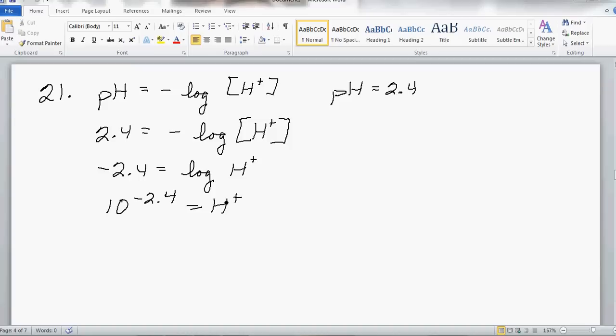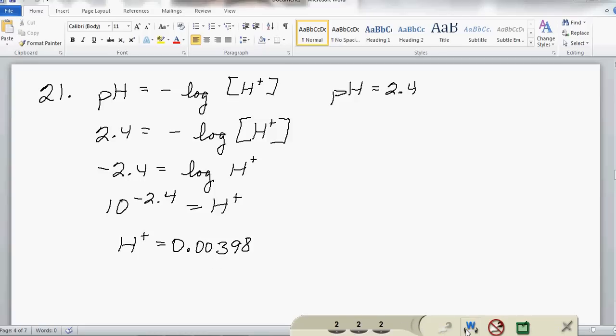And it does have decimals, so that allows us to go into decimals. If we put in 10 to the negative 2.4, we see that the hydrogen ion would be 0.00398. And once again, I want to go with 3 non-zero digits to determine how far to carry this out. And so the final answer, 0.00398.